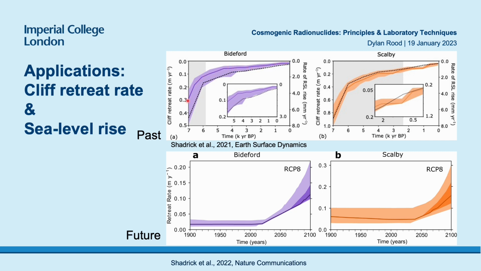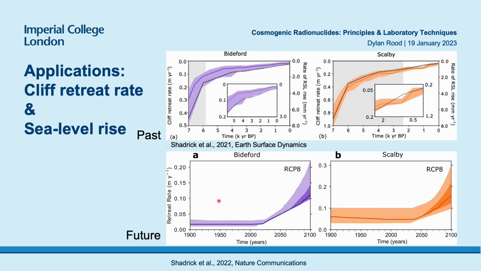The solid line is the cliff retreat rate for the last 7,000 years in the past, with error uncertainties in the shading, as compared to the dotted line, which is the relative sea level history. What we showed here for two sites in the UK was that the cliff retreat rates really tracked the relative sea level in the past.